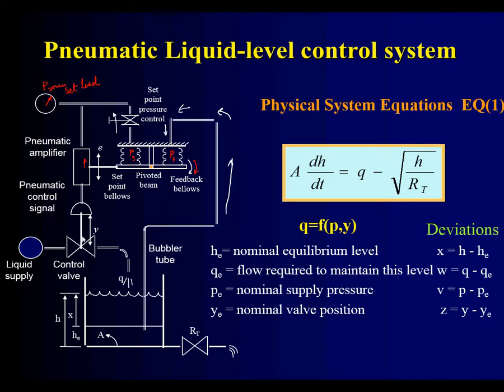So this is the control valve, and this would be the liquid supply. So we could interpret it that if it is going down, you could say it's closing, right? If it's going up, it's opening.